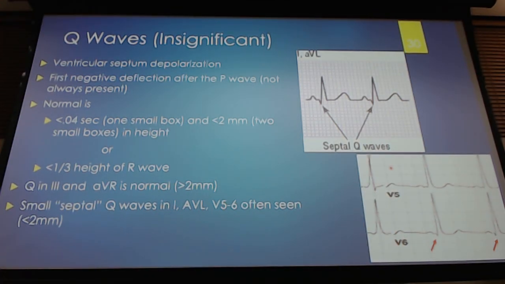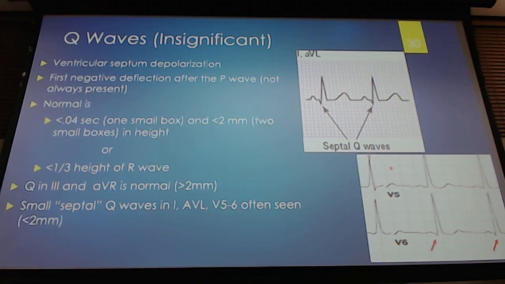Q waves. Q waves can be bad, or they can be what we call insignificant. We have insignificant or significant Q waves. We know that a Q wave represents ventricular septal depolarization. We know that after the P wave, it's going to be our first negative deflection if we see a Q wave.